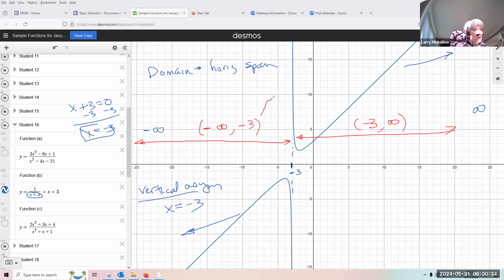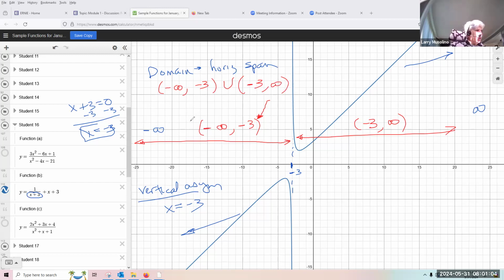Now, when you put a parenthesis here on interval notation, it means that -3 itself is not included. So this is saying that the interval here is all real numbers except -3. This is a way to say -3 is omitted from the domain. So to write this in the fancy interval notation, -infinity, -3 union, -3, infinity.